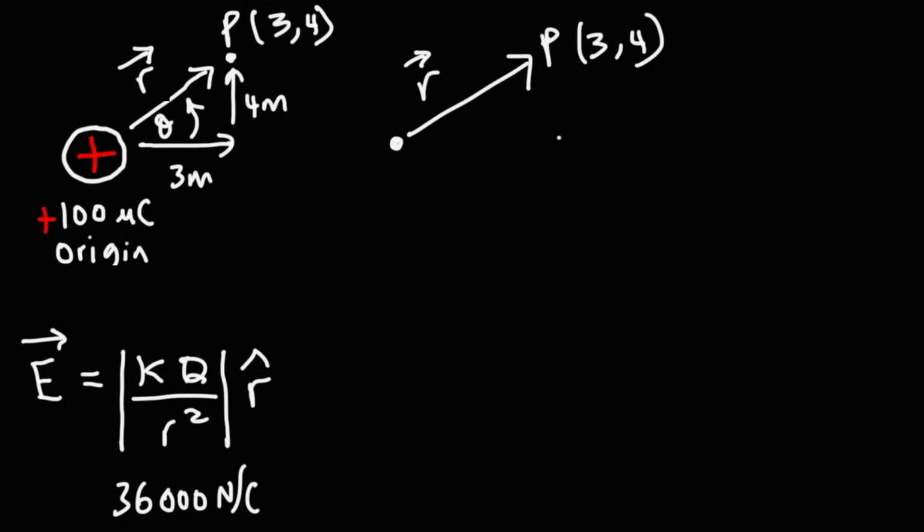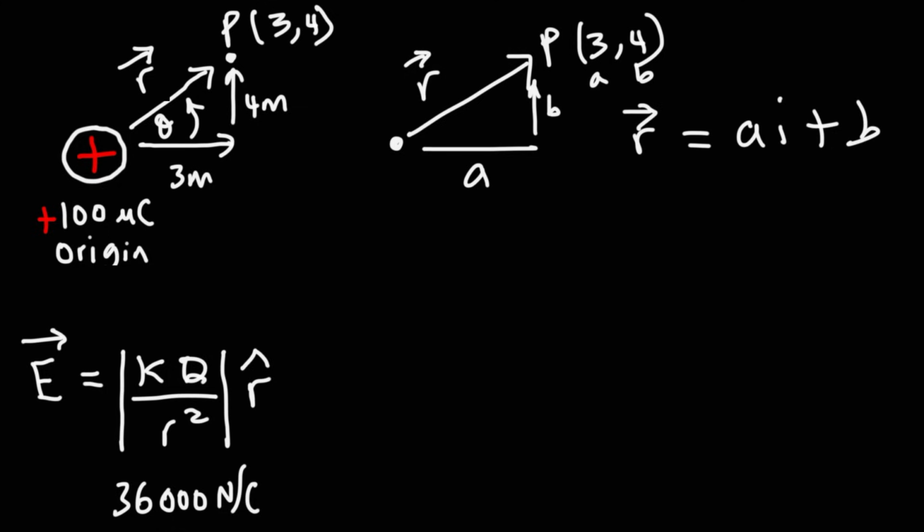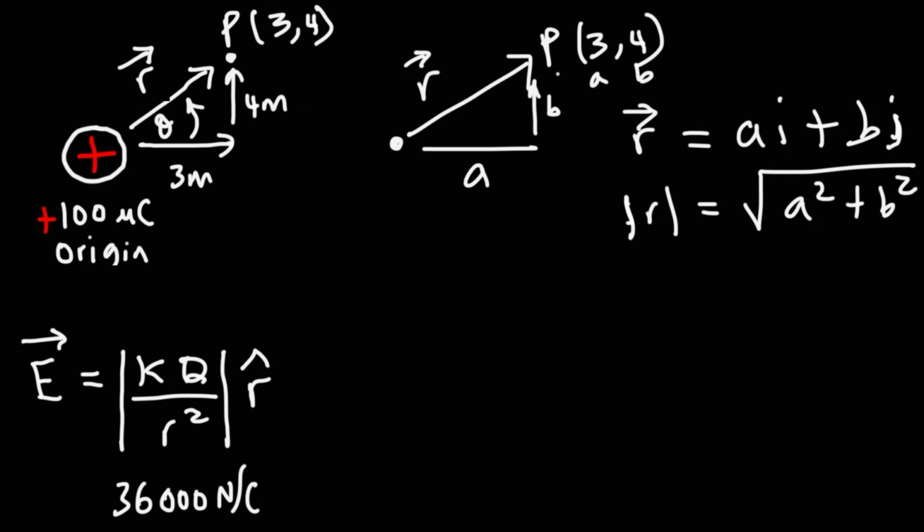Let me give you a generalized formula for the position vector. Let's say this is A, this is B. The position vector is going to be Ai plus Bj. That's what it is. The magnitude of the position vector is going to be the square root of A squared plus B squared. In other words, the magnitude of the position vector is the length of the hypotenuse of this triangle.